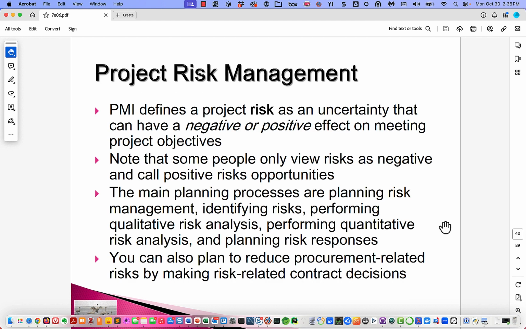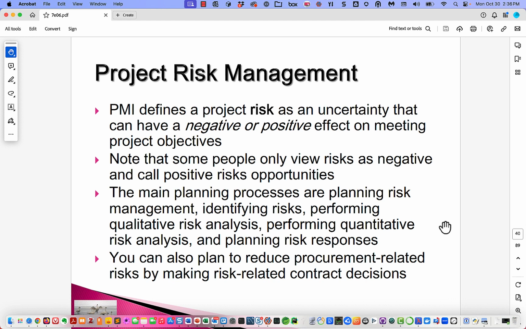Project risk management is a big deal. Things go wrong all the time. So this PMI knowledge area, risk management, is, I think, a place where a project manager can add a lot of value.